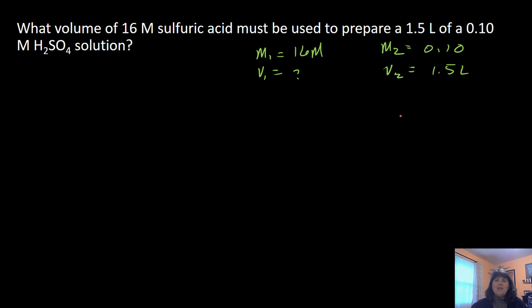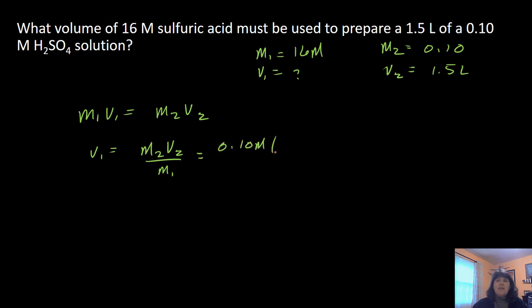See what you can solve. So M2 is 0.10 M. V2 is 1.5 liters. M1 is 16 M.